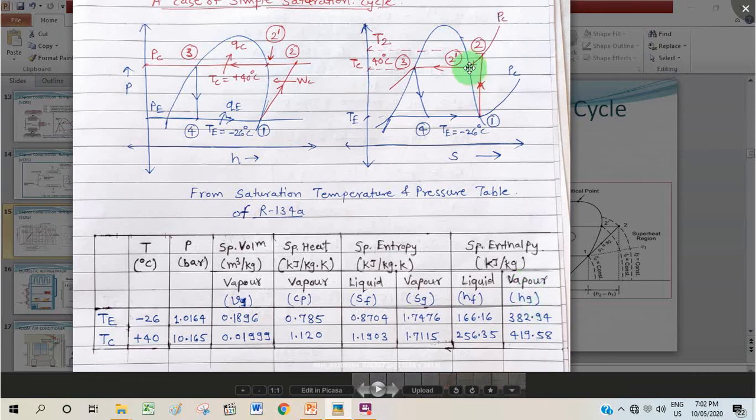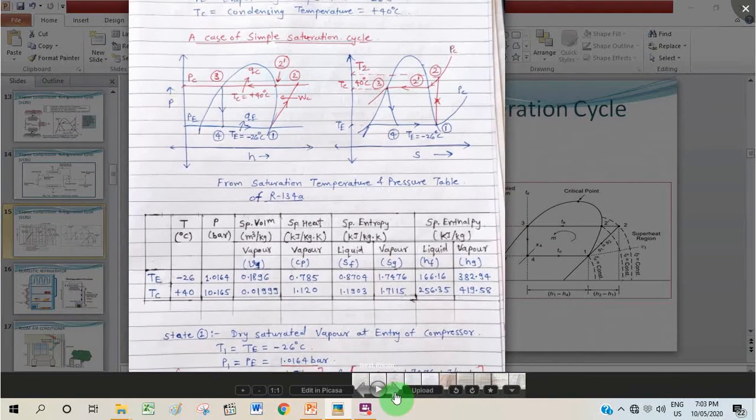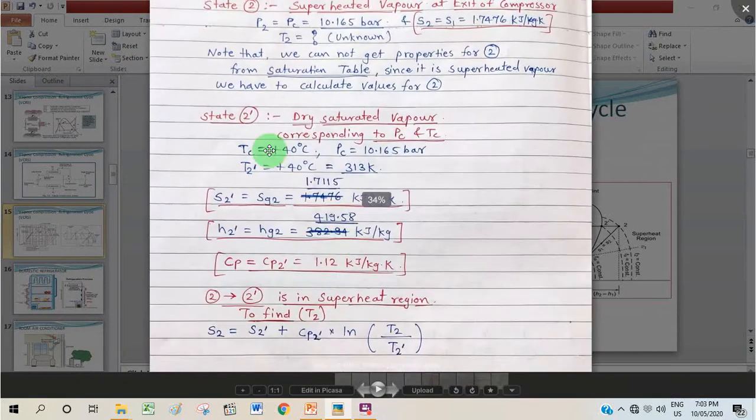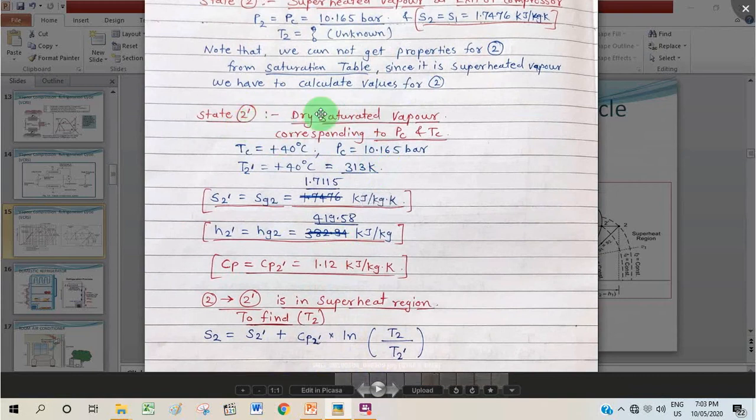In the same way, for this 2 dash, entropy can be read from the same row, and S2 dash equal to Sg2 will be 1.7115. Also we need the specific heat at this condition, which is also available from this table, that is for vapor 1.12, required to find out the final enthalpy. So these three values are available, and they are listed like this here. For state 2 dash, all the values are listed out.